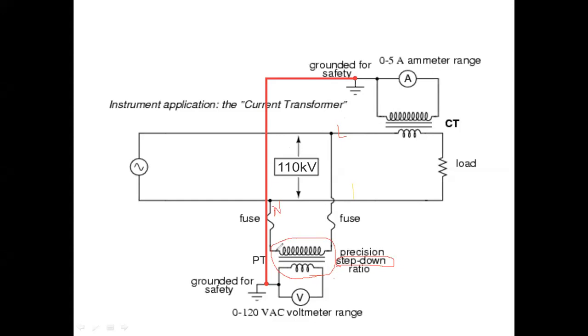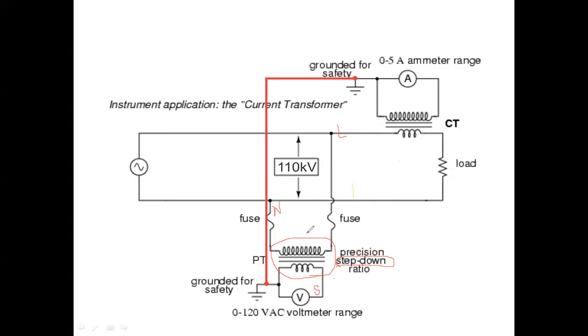But look, the number of turns in the primary side is much higher than the number of turns in the secondary side. Or somewhere it is asked whether the number of turns in the high tension side, the HT side, is high or low. Just remember, this is always high. The number of turns is much greater than the secondary side. This is the secondary side where we are getting some induced voltage.